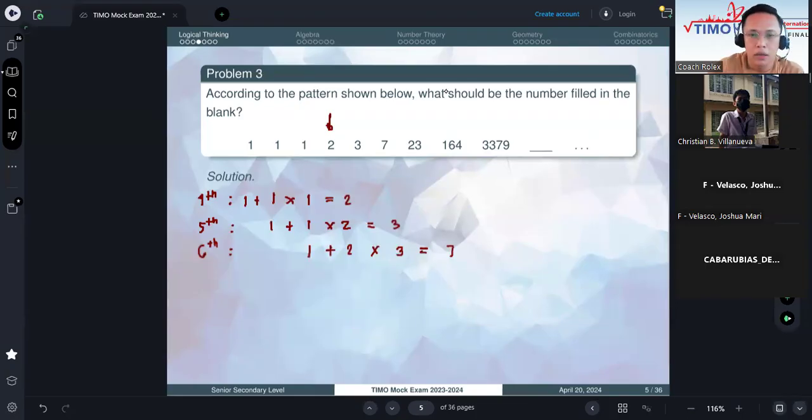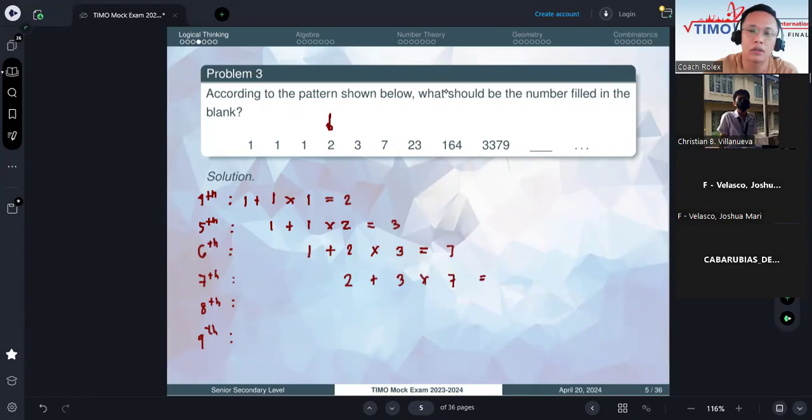Okay. So that means that on the ninth term, you simply copy this: 2 plus 3 times 7.